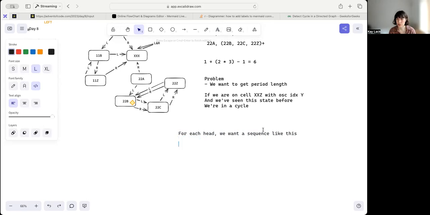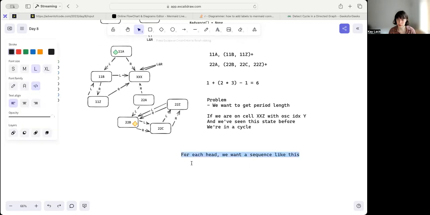Okay, so we start off with, in this one, 1, 1A. Start with 2, 2A.